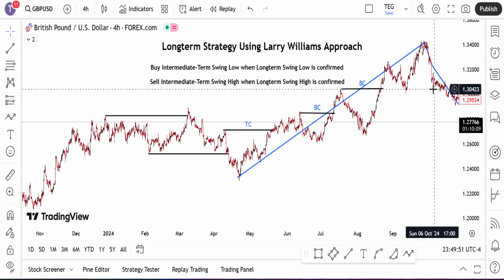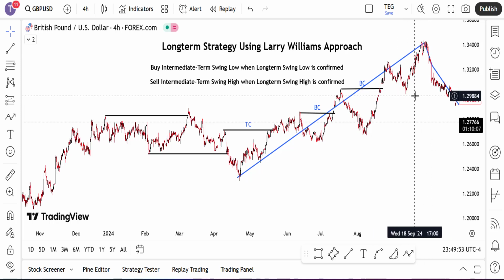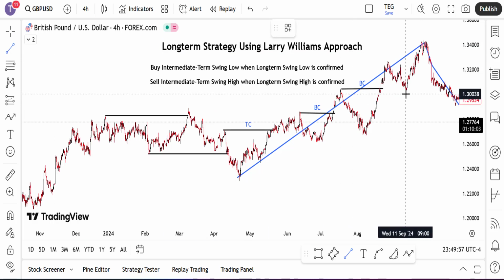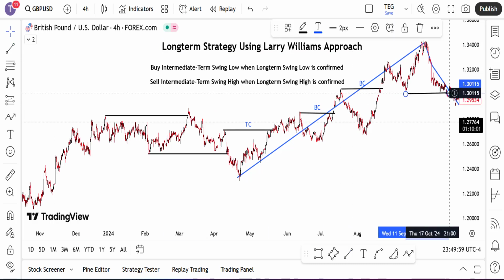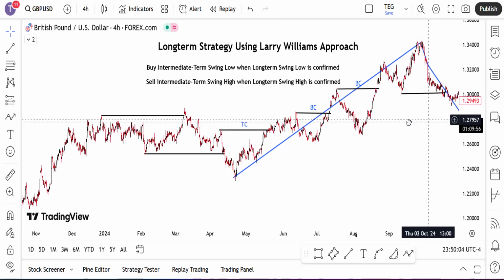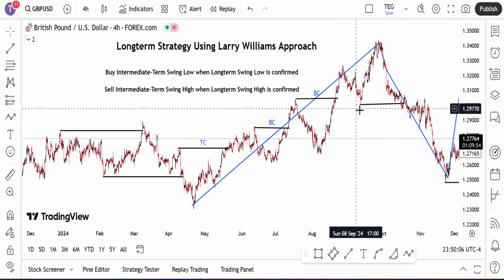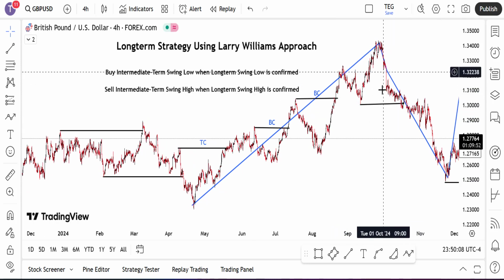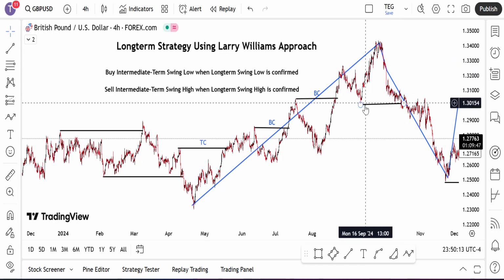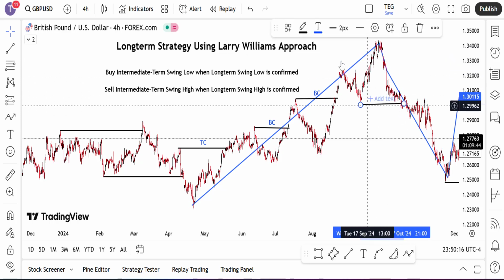So it's going to shift this our intermittent swing low. So what happened? Price takes out these intermittent swing lows. Remember, when price takes out our intermittent swing low, this becomes our long-term swing high in the market. Are you getting what I'm saying?